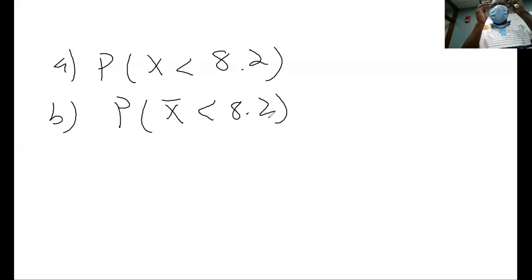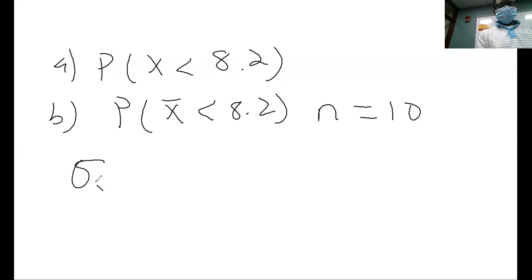In handling x bar, we need to know the sample size. So with this, we are going to find the standard deviation for the sample mean. The standard deviation for the sample mean is the standard deviation of the population divided by the square root of n.